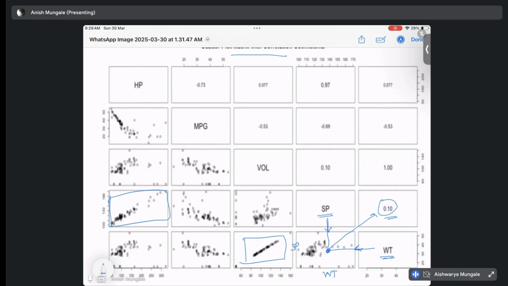So for volume we have plotted this. If you check this particular data, it is volume versus weight. This is weight, this is volume. And diagonally, if you look, it will give you the correlation.